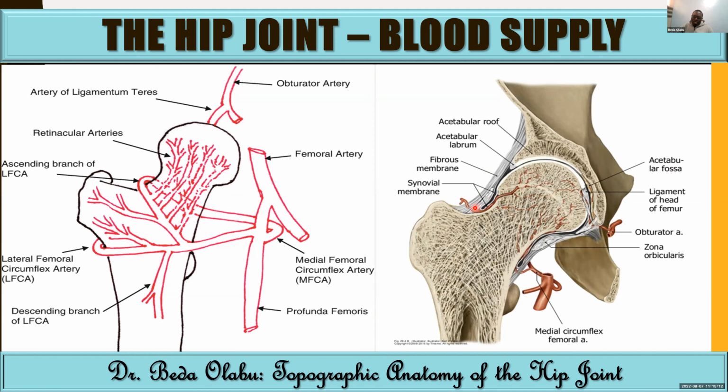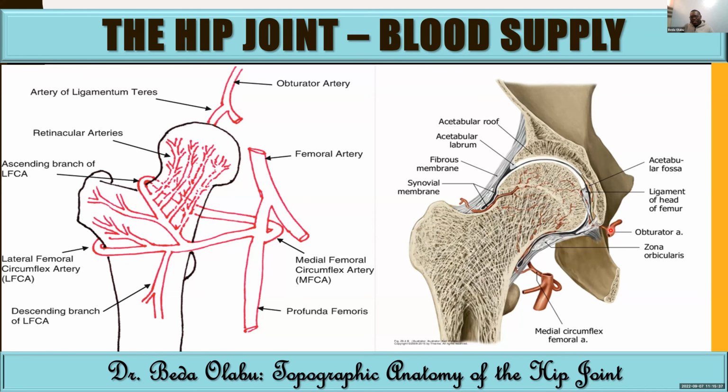This image captures the vessels for you. You see the capsule there, and then there are internal reflective fibers that carry vessels. So these are the retinacular arteries, like that one. That's a retinacular artery. There are internal reflections of the capsule, but they carry vessels with them to the head of the femur.